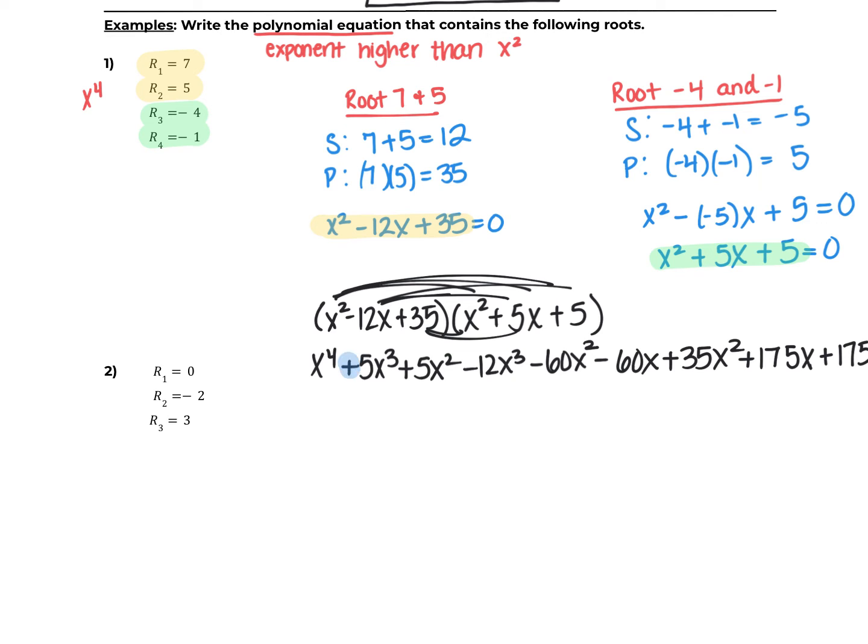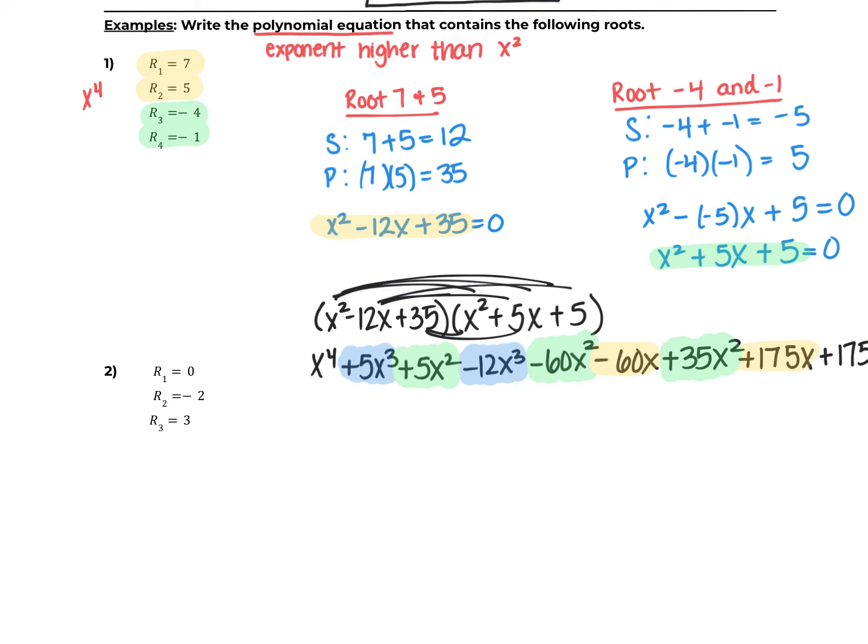So I have a 5x to the third over here, and not that one, sorry, and a -12x to the third over here. I have a 5x squared, a -60x squared, a -60x, and a 175x, and I also have another x squared here.